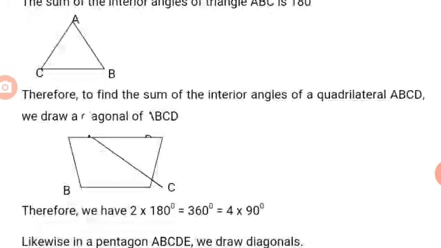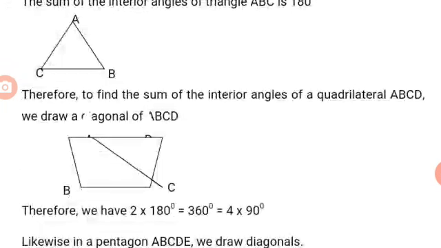This diagonal cuts this trapezium into two equal parts. Therefore, we have two triangles there.